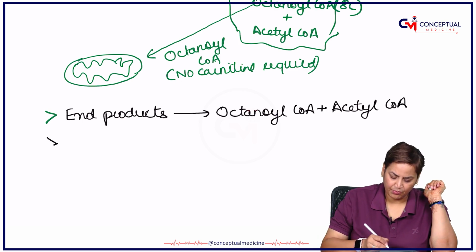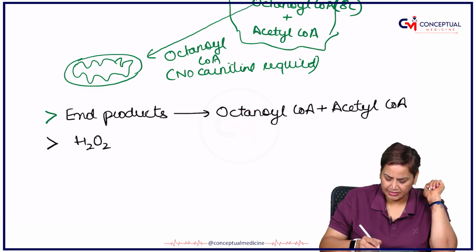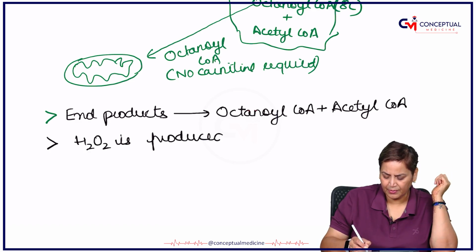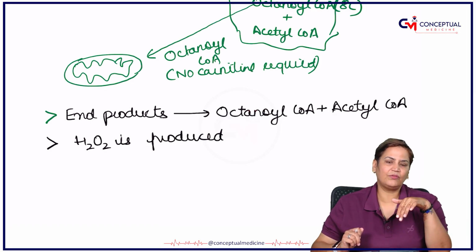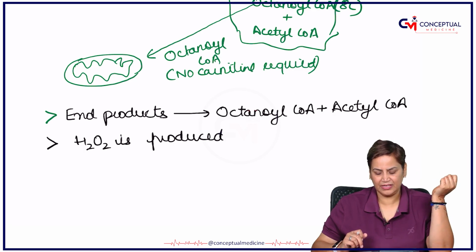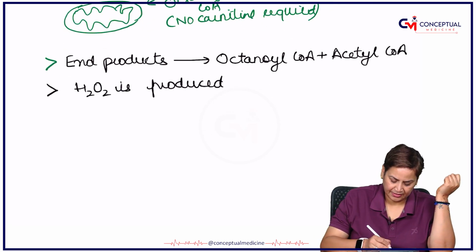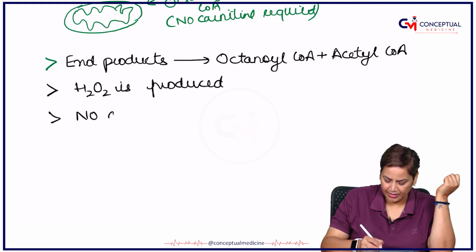and second important thing here is that H2O2 is produced. Very important, because we are dealing with the peroxisomes. So these are the two main differences of the oxidation of VLCFAs and LCFAs, and no carnitine is required.